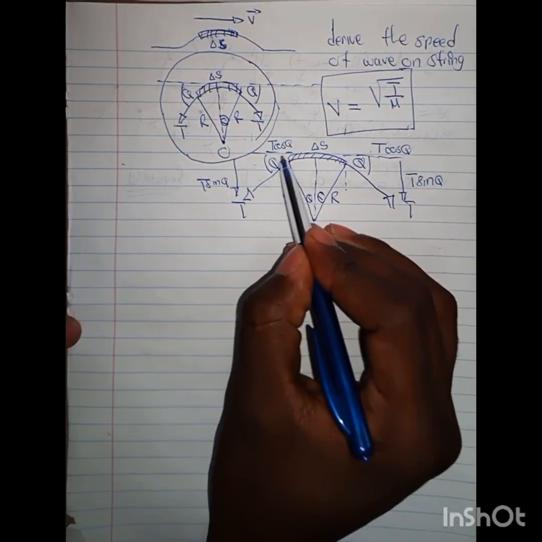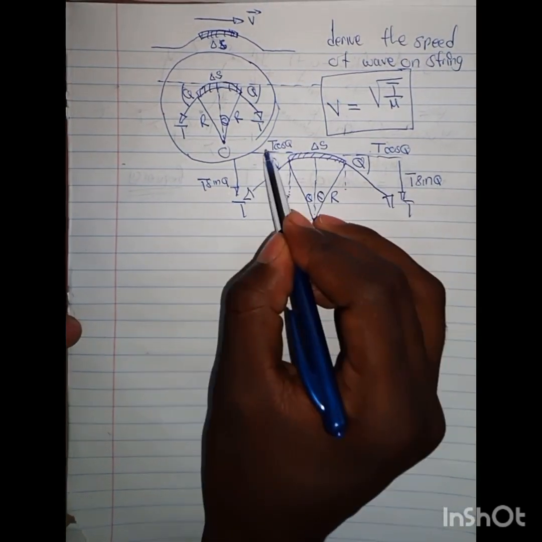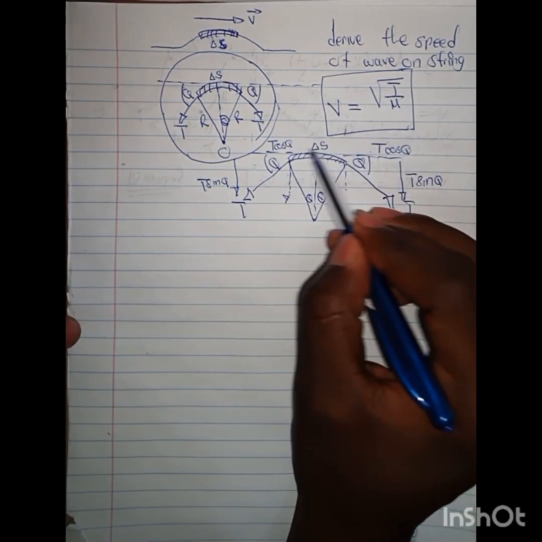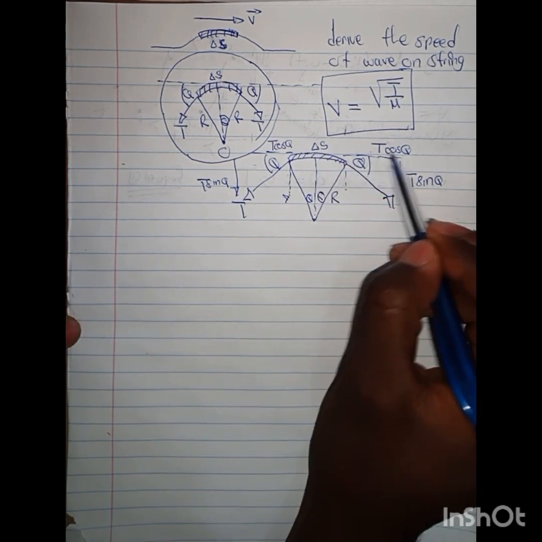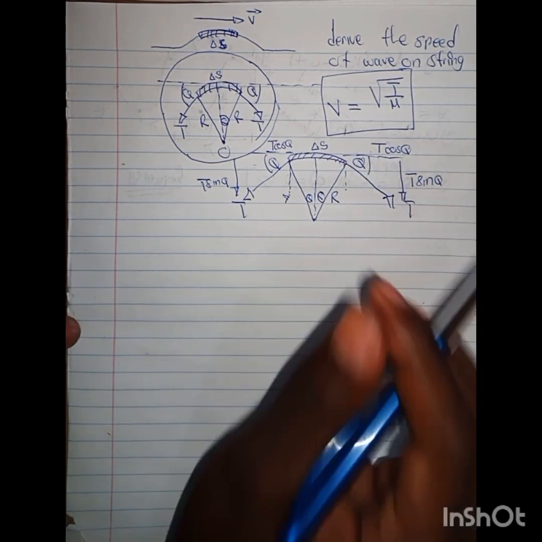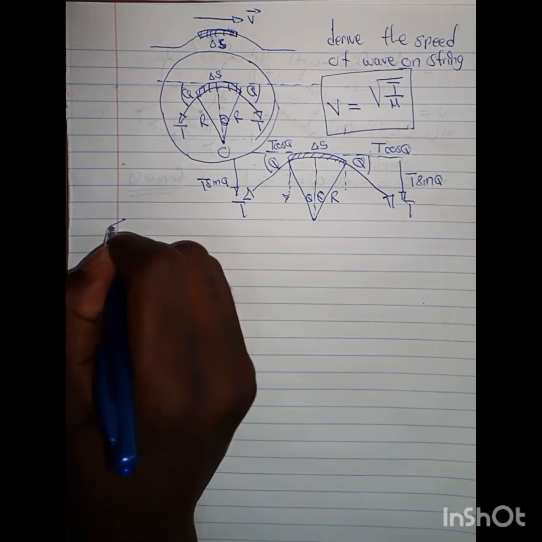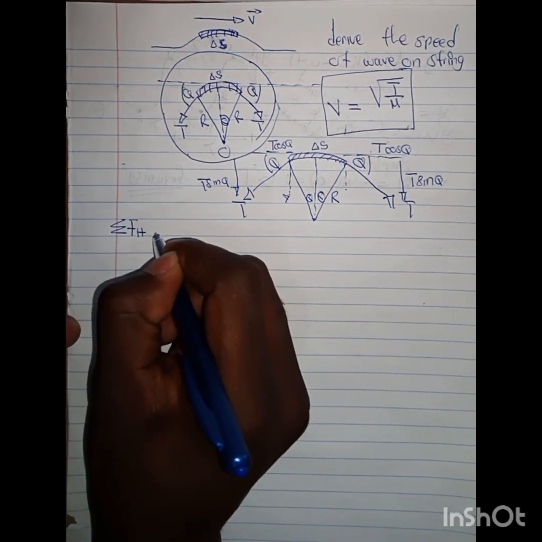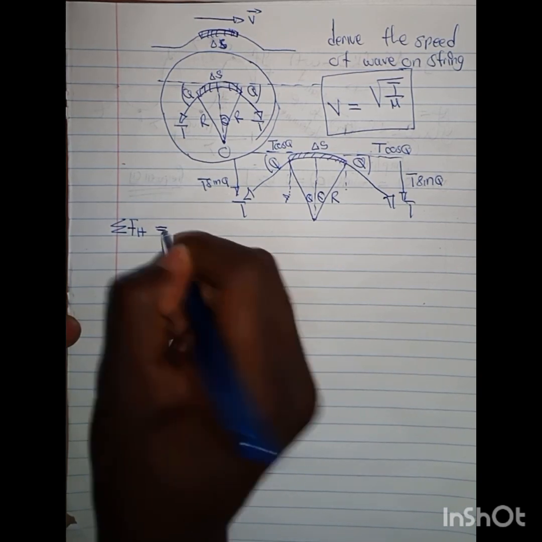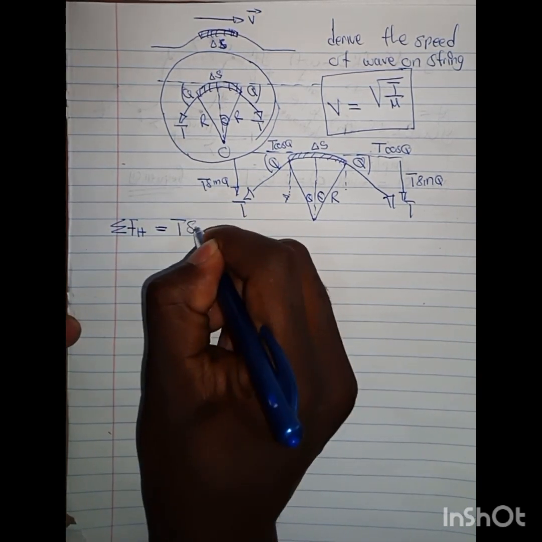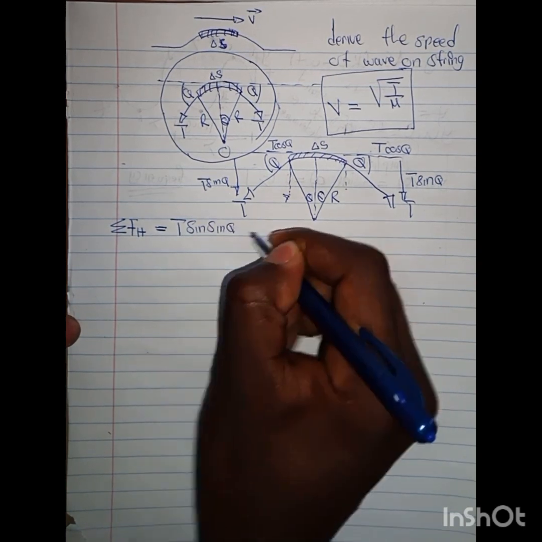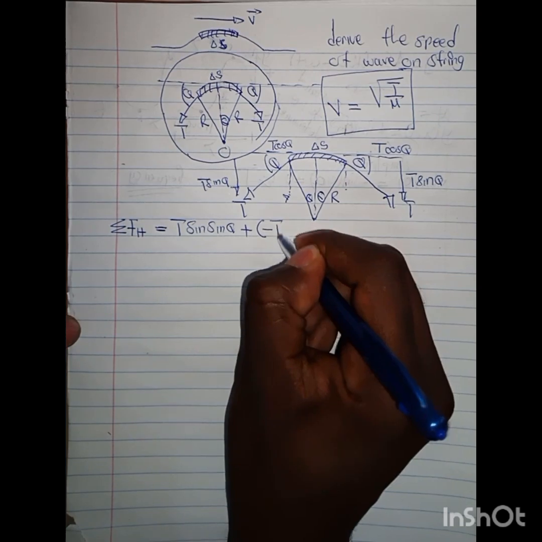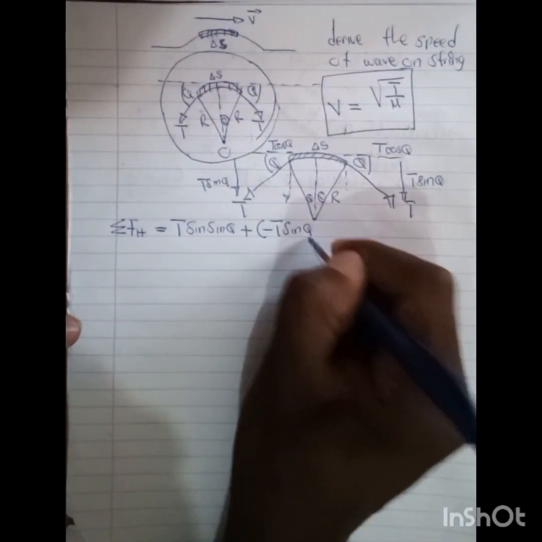In the x-axis, we consider this line. We can see that we have T cos theta and we also have T cos theta. The two are equal from the point of reference. Therefore, the sum of the horizontal components is T cos theta, then minus T cos theta, because this one is in the opposite direction.